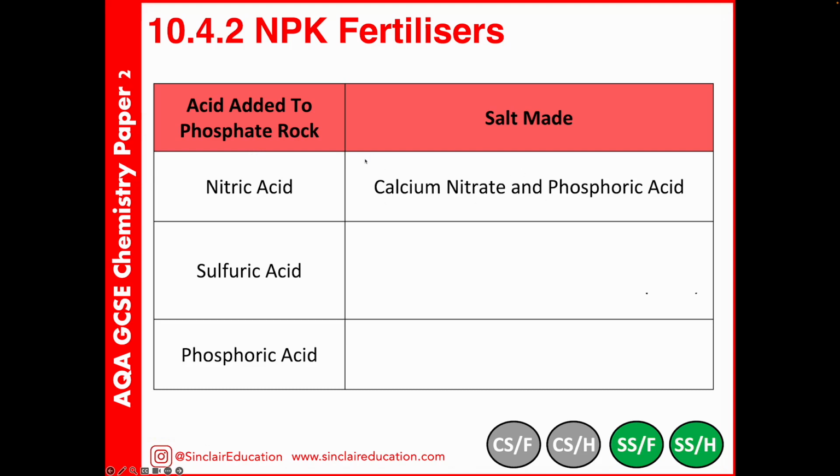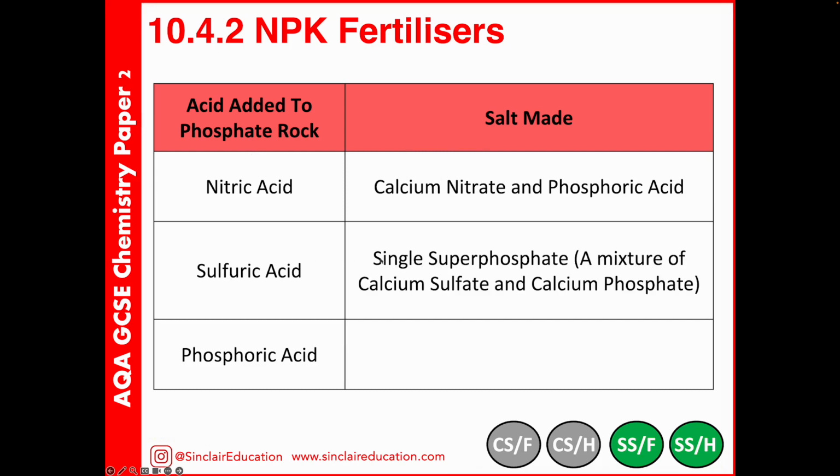And this is what we'll be then adding to our fertiliser. If we add sulfuric acid, we'll make single superphosphate, which is a mixture of calcium sulfate and calcium phosphate. If we add phosphoric acid, we'll make triple superphosphate, which is made up of calcium phosphate. And do learn these as word equations.